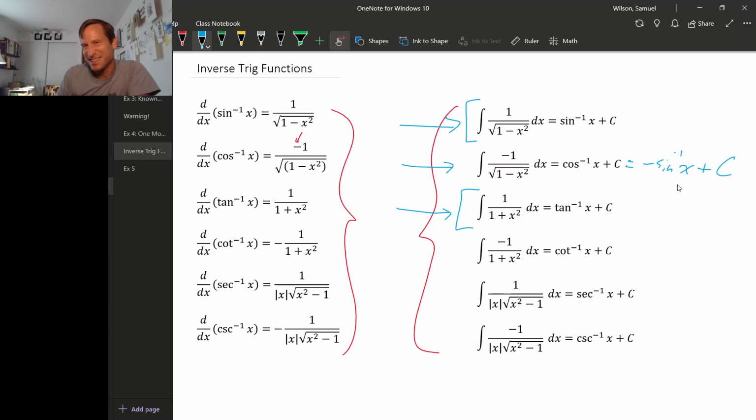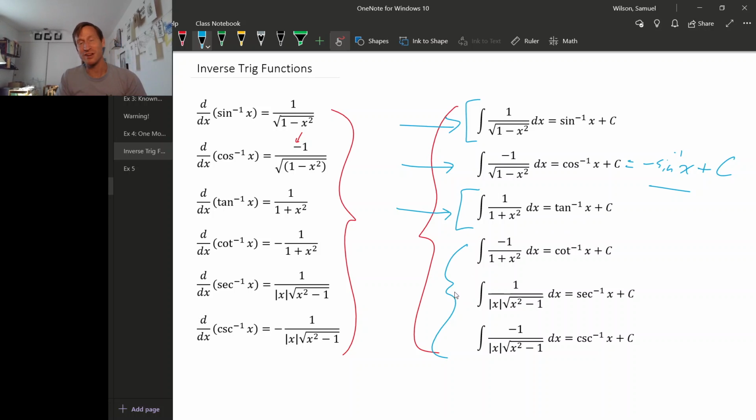And that's just as good as an antiderivative. These 3 down here, the integrals that produce inverse cotangent, inverse secant, and inverse cosecant, to be perfectly honest, I don't know that I've ever used these 3. But the ones for inverse sine and inverse tangent are definitely worth knowing, especially inverse tangent.